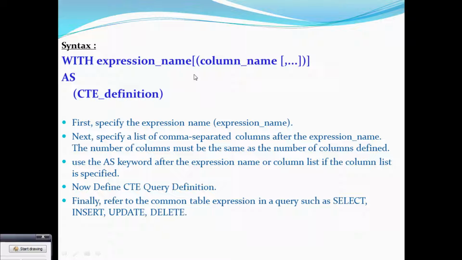And if you do not declare the list of column names with the expression, then you don't need to care, because it automatically takes the number of columns from the CTE query definition. After the column list declaration, you use the AS keyword after the expression name or column list if the column list is specified. It is optional, you can specify or not. Now define the CTE query definition.